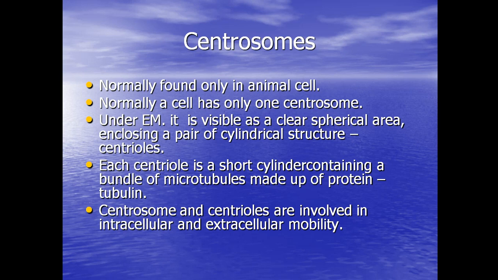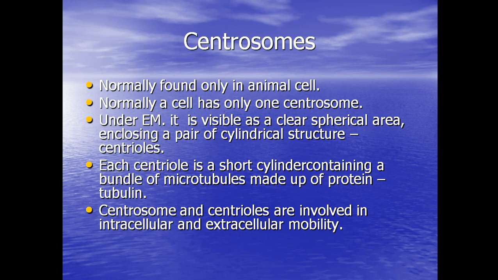Under the electron microscope, this appears like a clear spherical area. Inside this clear spherical area, you can see a pair of cylindrical structures, both at right angles to each other like this, and that is called the centrioles.